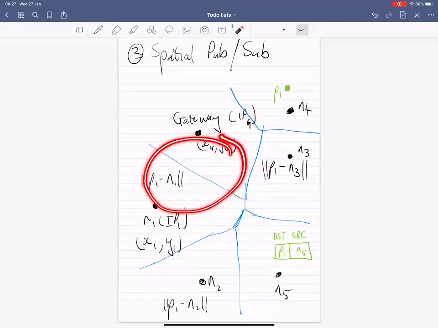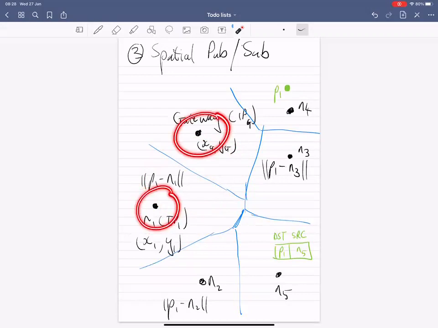Because then what happens? Here I'm not sure what the answer is, but it might be that both this node and that node need to, or maybe the location is here in the middle.